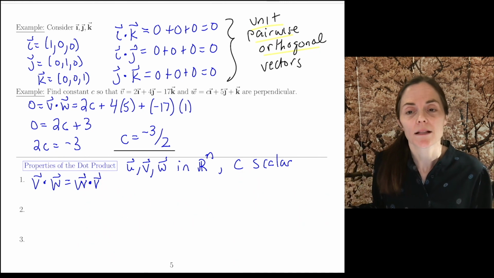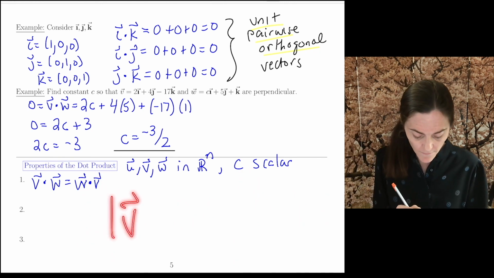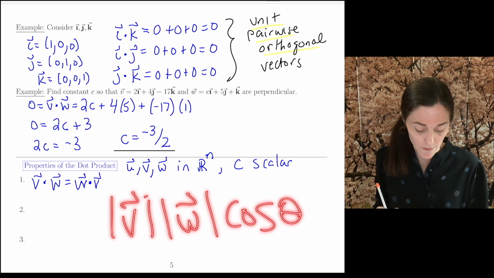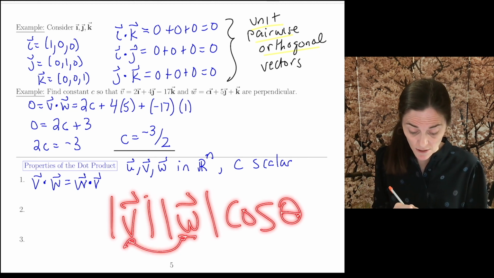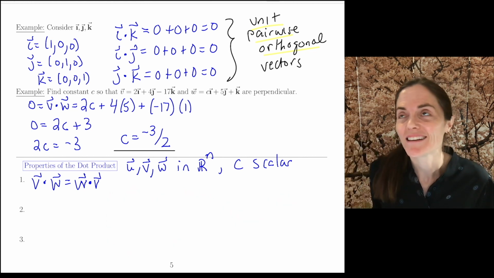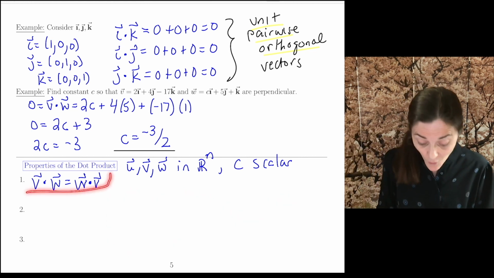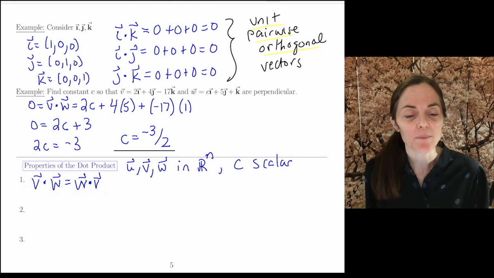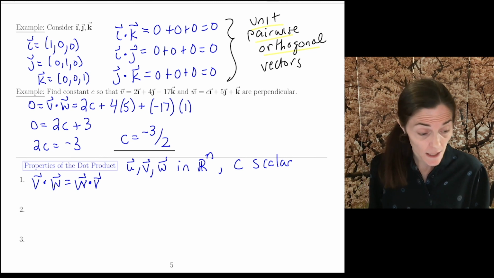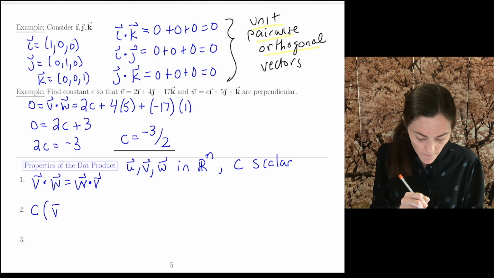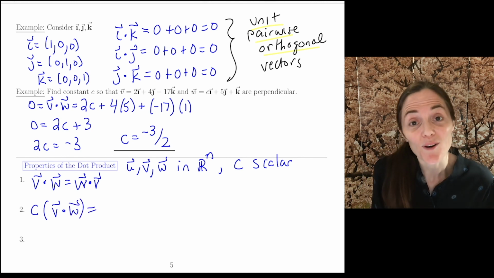That's thinking algebraically. If you think geometrically, length of v, length of w, cosine theta, that would be v dot w, and you just interchange length of v and length of w, and you'd have w dot v. So this definitely holds. Okay, I was just talking about why it holds briefly, but this is one property of the dot product. Another one is if you take a constant times v dot w. You can write this a number of ways.